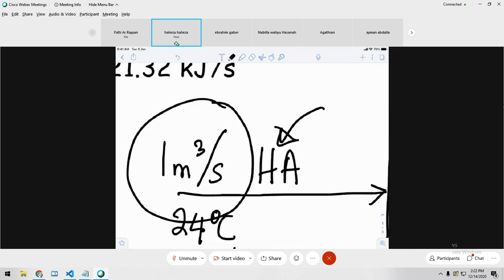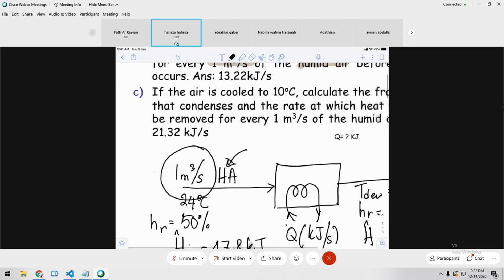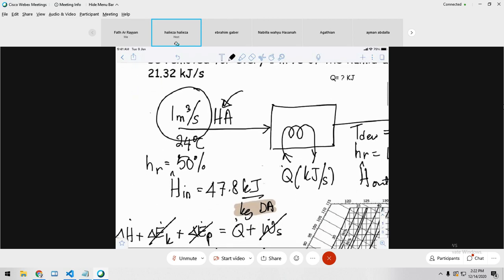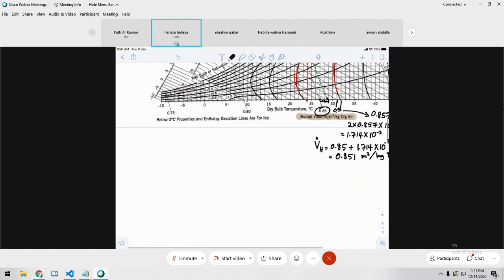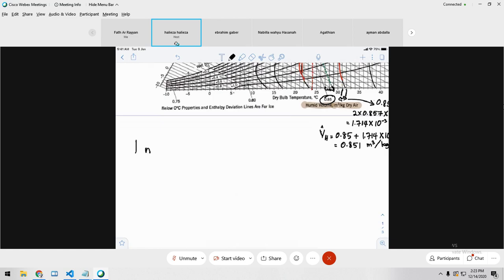We need to find the kilogram of dry air. Why? Because your enthalpy is based on per kilogram of dry air. So you need to find that value of kilogram of dry air. So we're going to change that 1 meter cubic of humid volume to kilogram dry air. So 1 meter cubic of humid air, you have that humid volume just now.